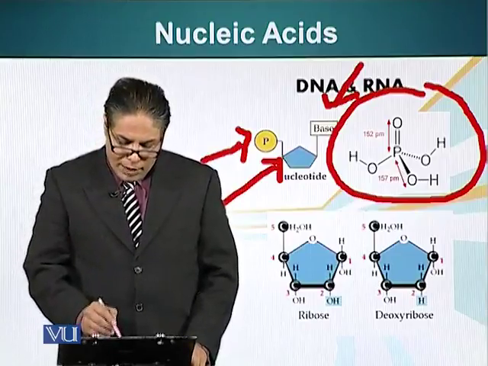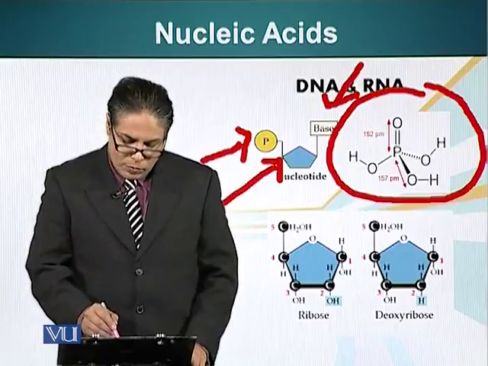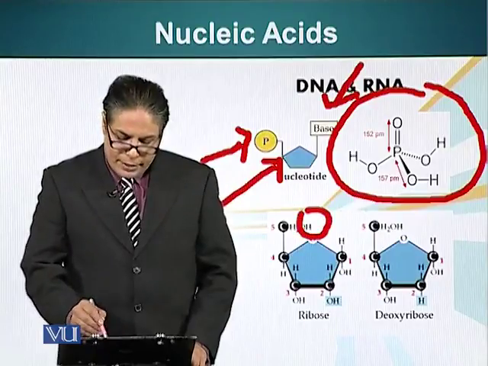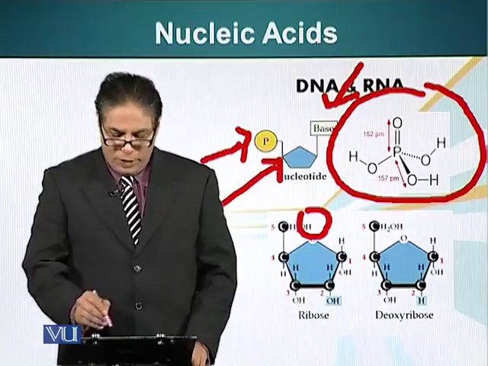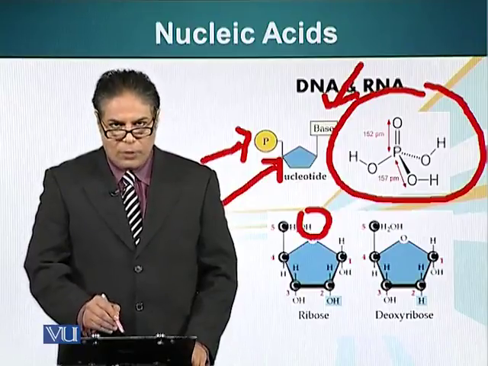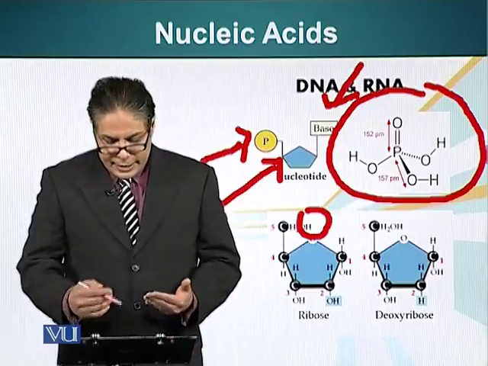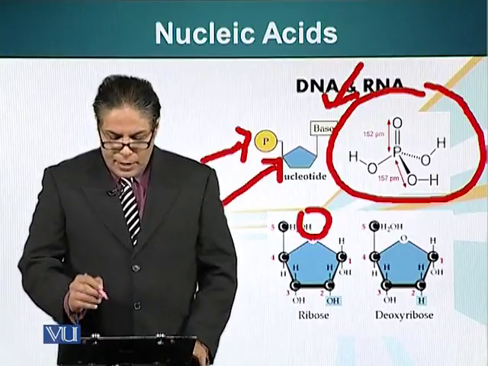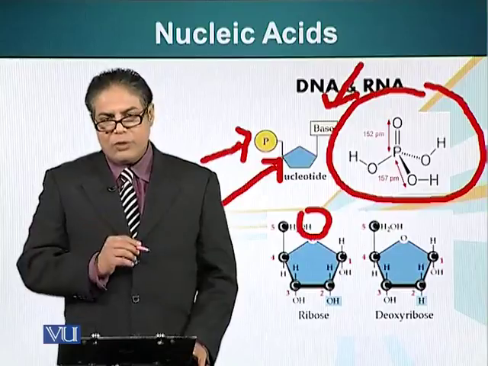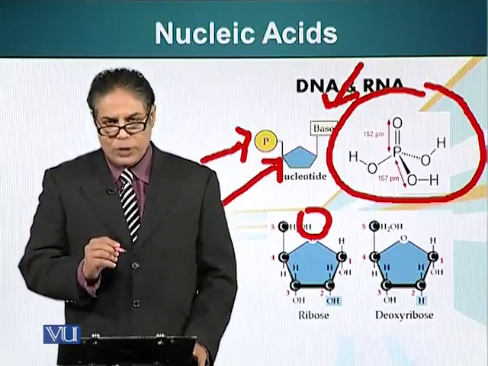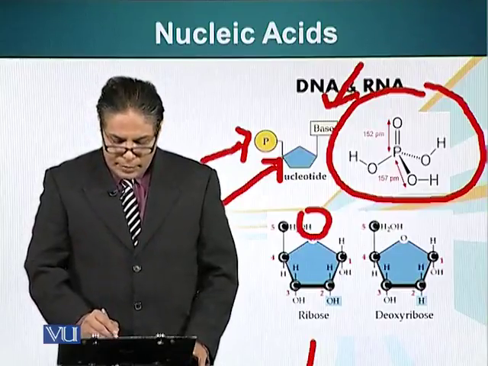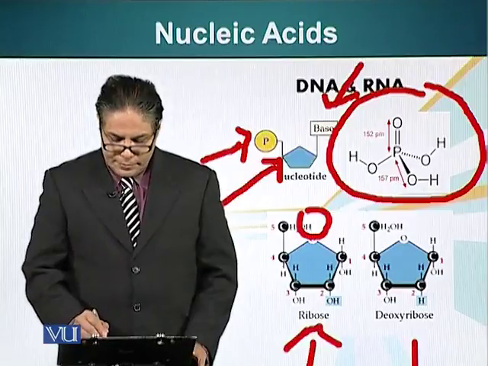Here the ribose sugar has OH. This phosphate group will form a bond with this hydroxyl group, this carbon carrying the hydroxyl group, and this is an ester bond.